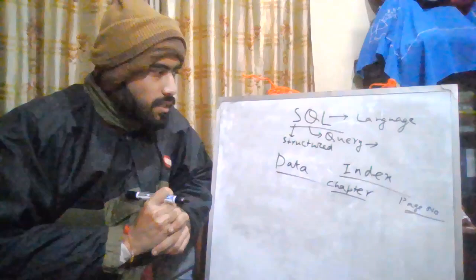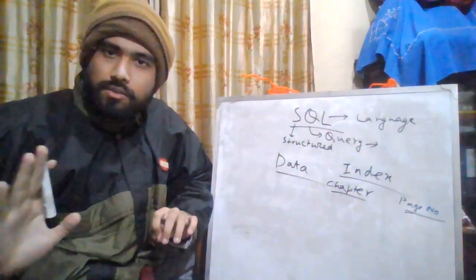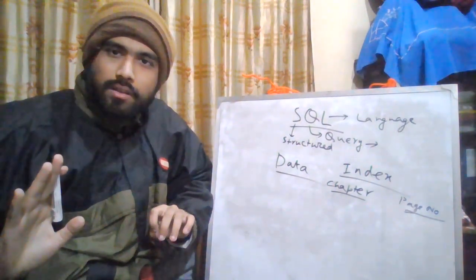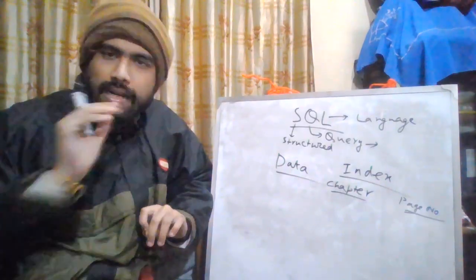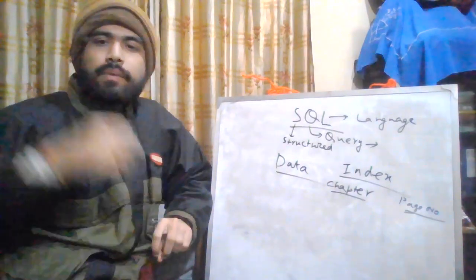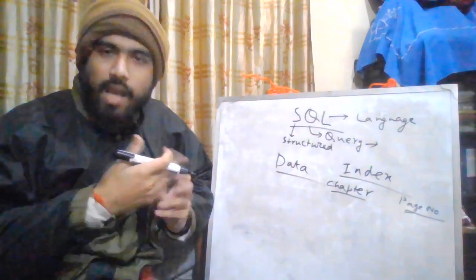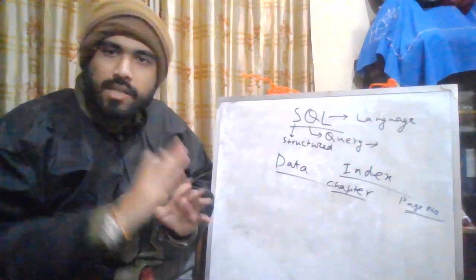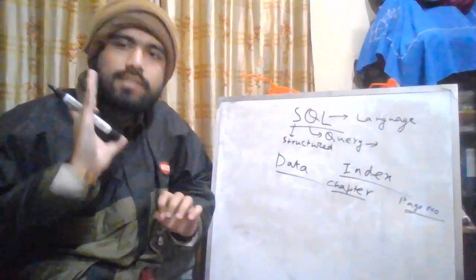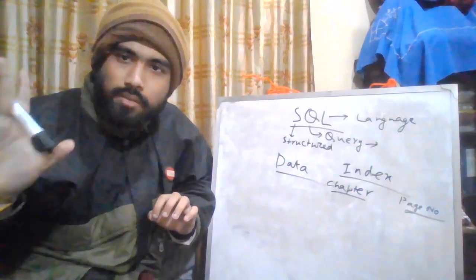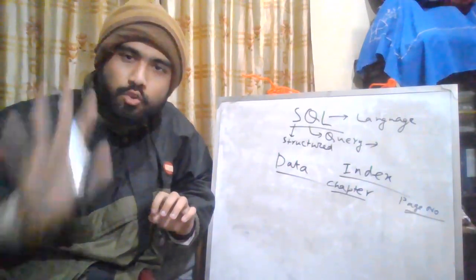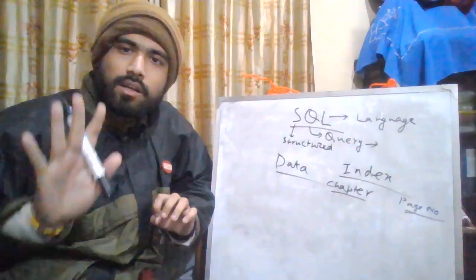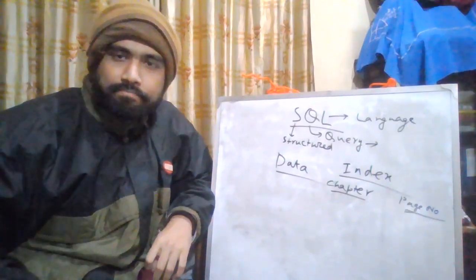Now, this whole chart consists of data, isn't it? Any kind of information, may it be numbers, alphabets, or special characters, is considered to be data. So data is a way of storing or writing information, isn't it?